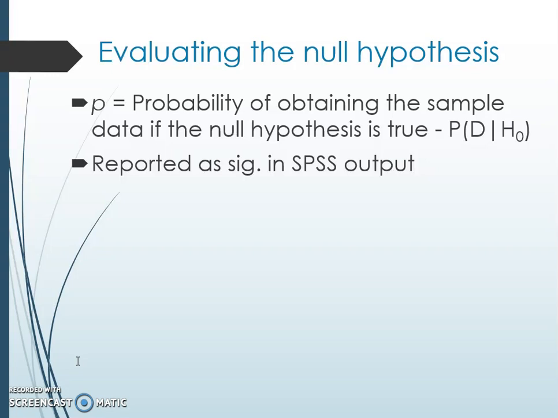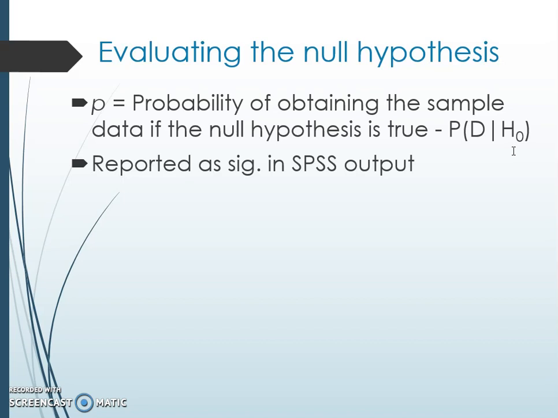So if there are no differences between the groups, then the chances that you would get that particular data set is illustrated by P. Written out in the formal logic way of looking at things, we can see here that P is the probability of getting your data based on the assumption that your null hypothesis is correct. So that's what P is telling you.